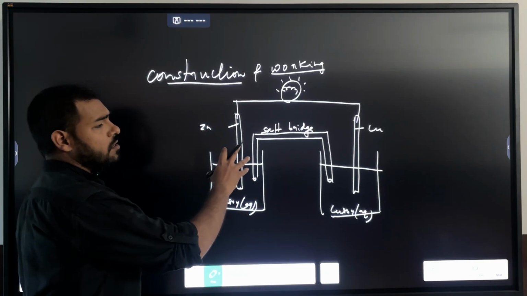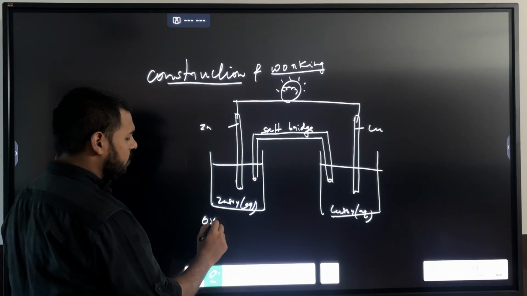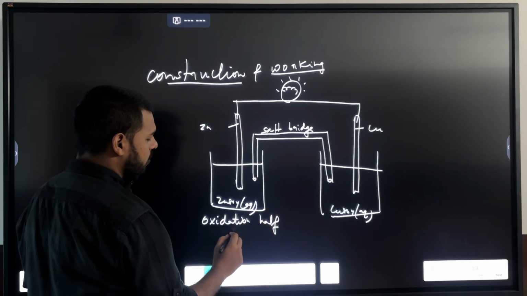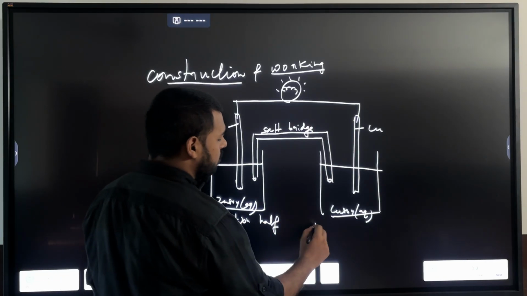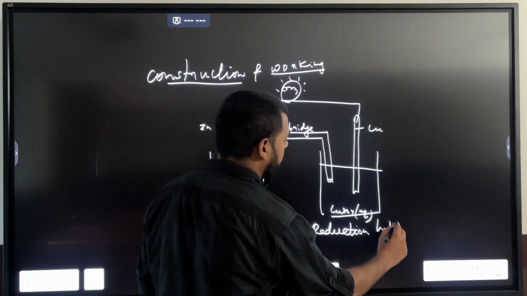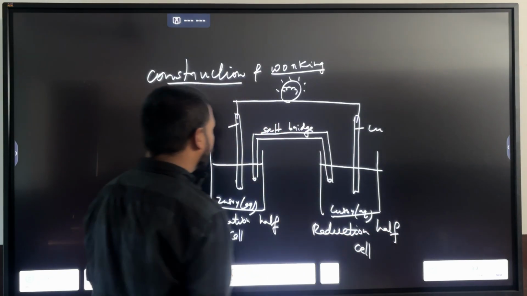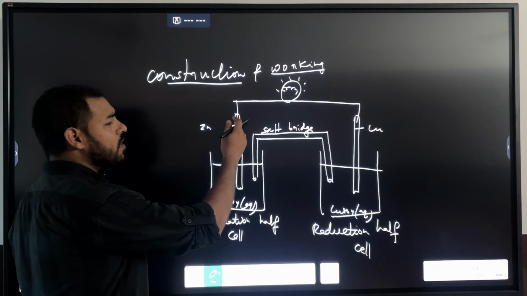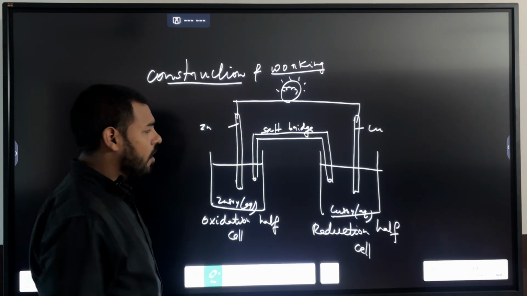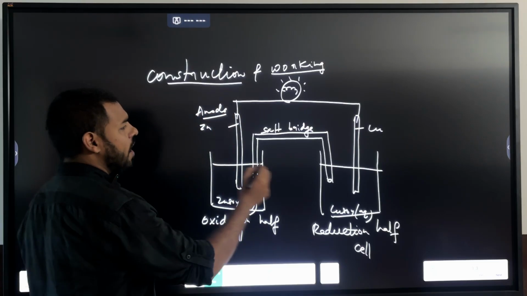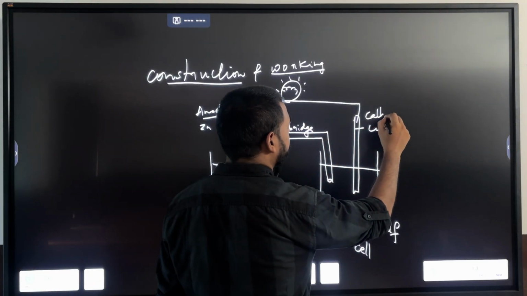This is called the oxidation half cell, and this is called the reduction half cell. In the oxidation half cell we are putting the rod in the solution, and this is called the anode, and this is called the cathode.